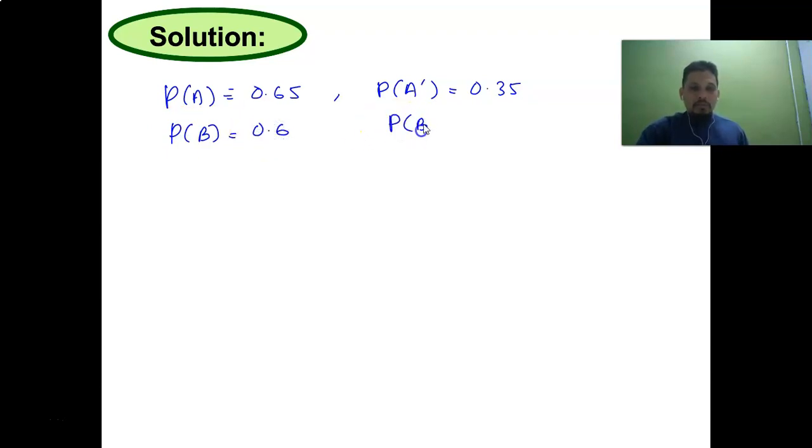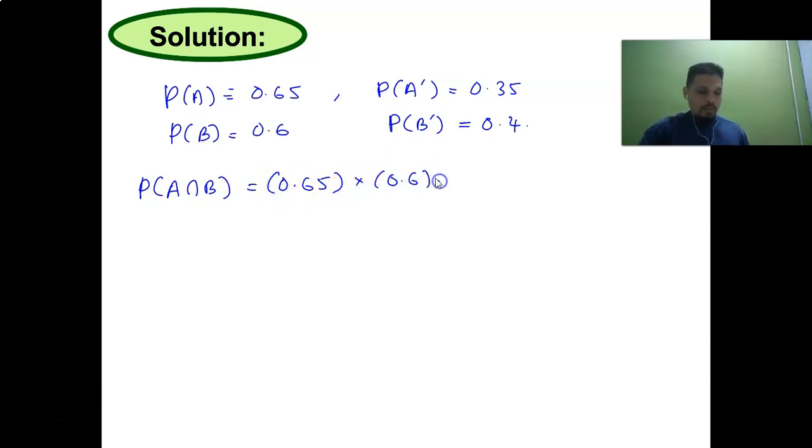So the probability of Bong getting incorrect is 0.4. So then the probability of Aziz and Bong both getting correctly equal to probability of A, 0.65, and 0.6, which is equal to 0.39. Okay.